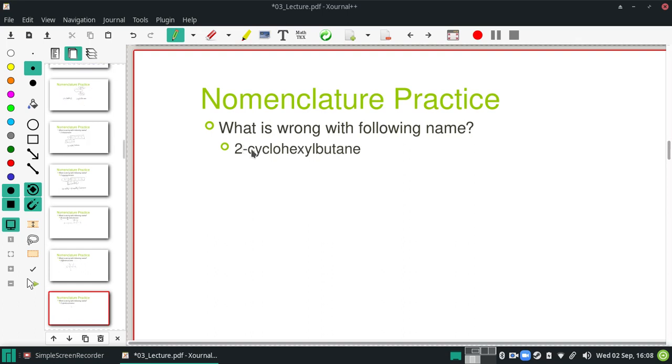All right, 2-cyclohexylbutane. Butane is 4 in a row. 2-cyclohexyl, cyclohexane.